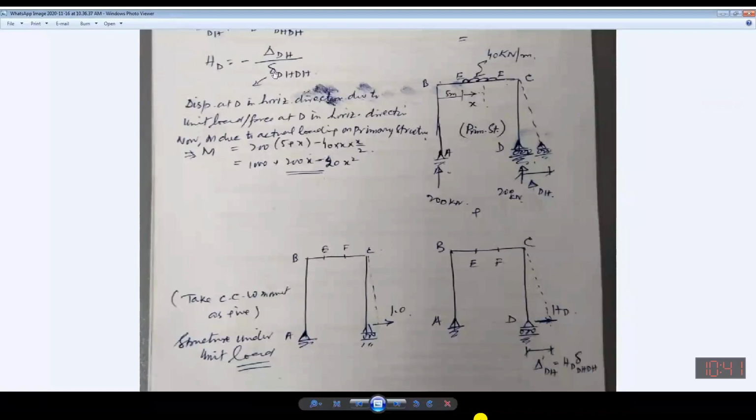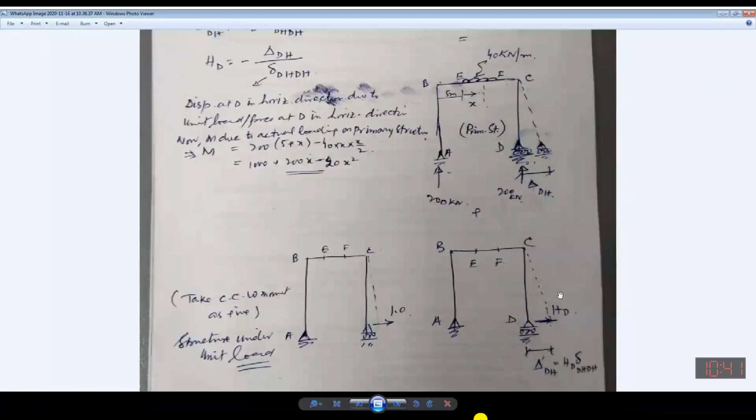Now to have this flexibility value, I need to apply a unit force at the same location in the same direction as I have made this one. So unit force has been applied over there, 1.